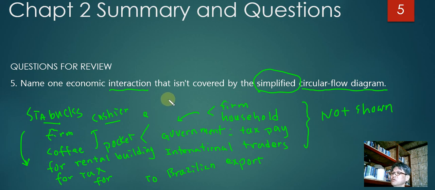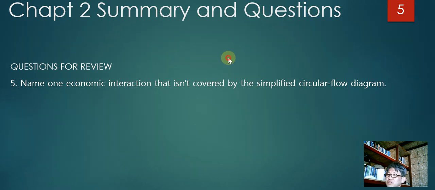So we do not reflect the government in terms of payment of tax and international trading. These factors are not included in the simple circular flow diagram. Okay, so let's go to the next question.